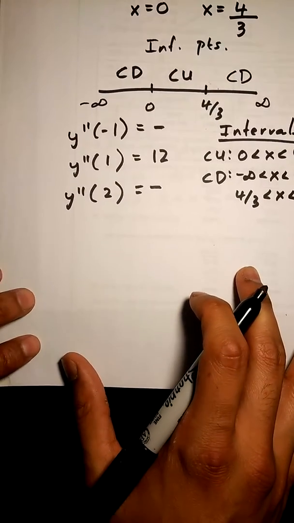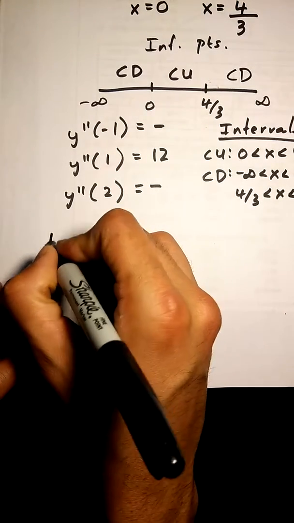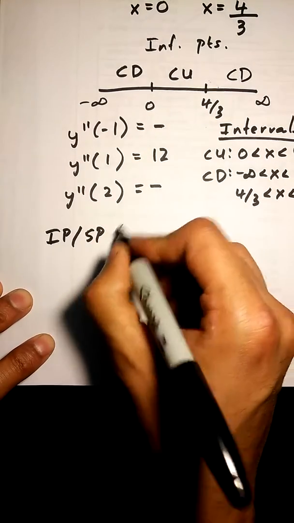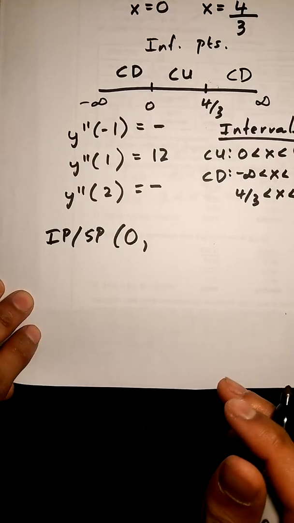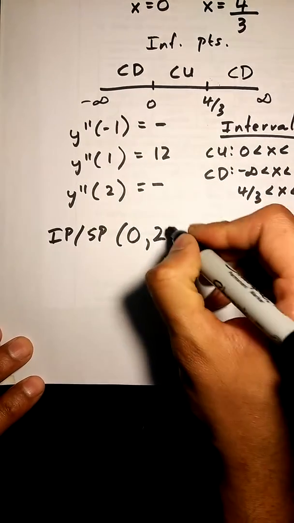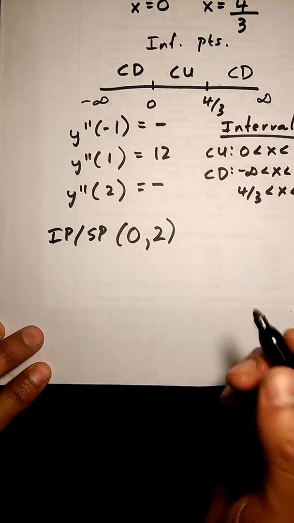Last I've got to do my inflection point and my stationary point. So I know I have an inflection point that's also a stationary point at x equals 0, sub that in my original equation, and I get y equals 2. So at 0, 2, I have a stationary inflection point.